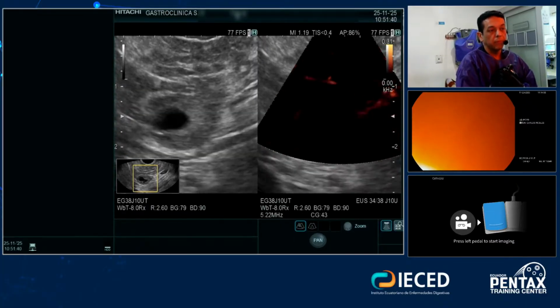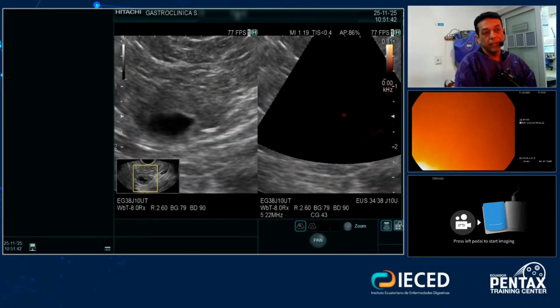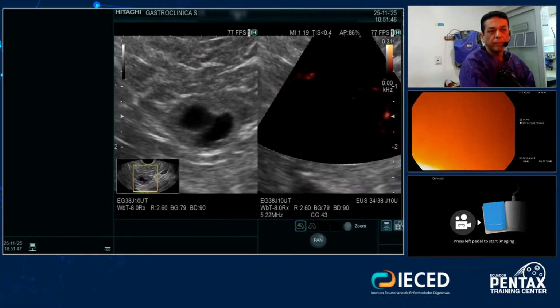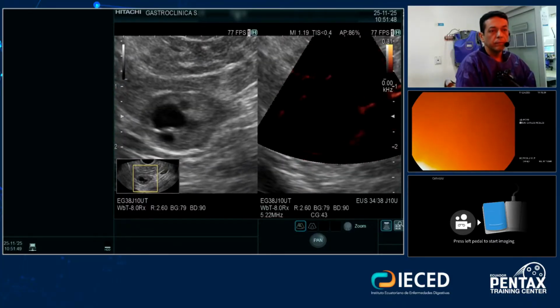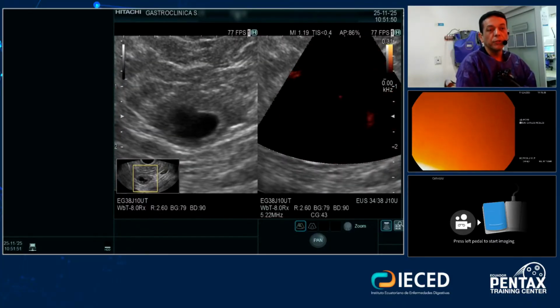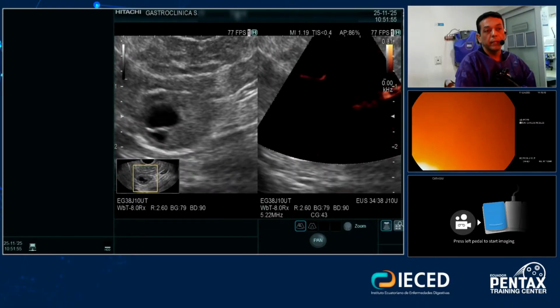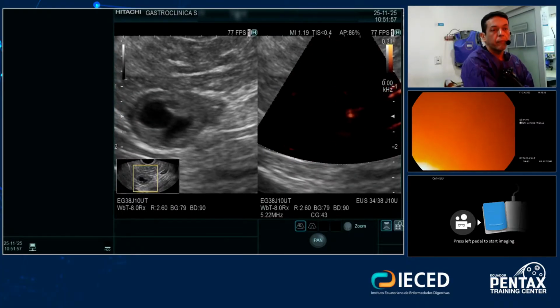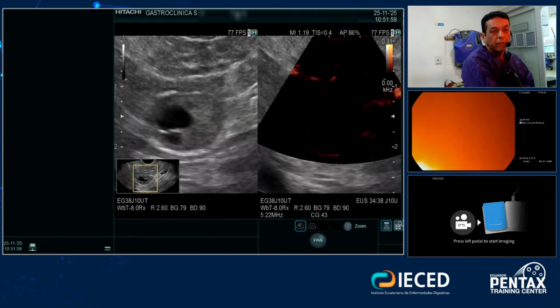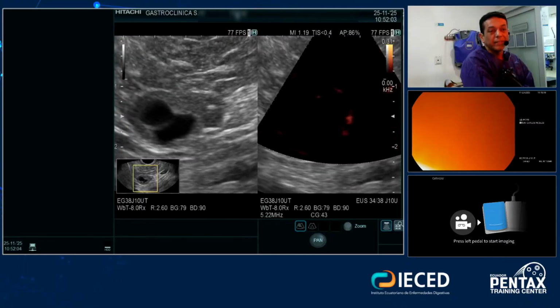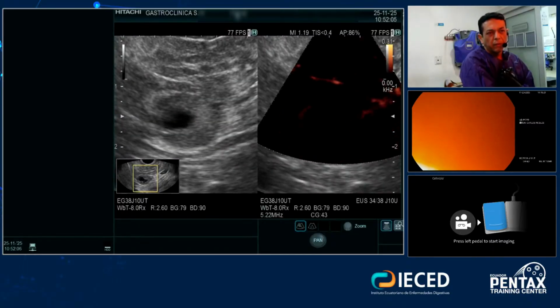So, hello everyone. Once again here. I want to show today a very nice case. I believe it will be a very good illustration of how the approach and evaluation of a pancreatic cystic lesion needs to be done.